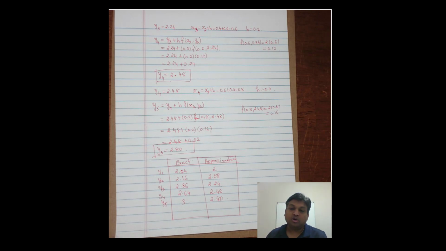So Euler's method, the good thing about it is you don't need to know the exact solution. As long as you are moving very slowly, as long as your h value is small enough, it gives you the guarantee that you will stay close to the original solution. So this is the main idea of this entire lecture.